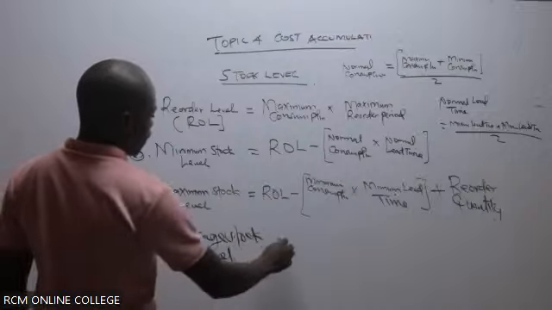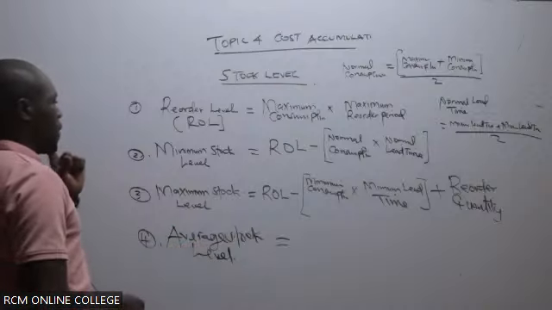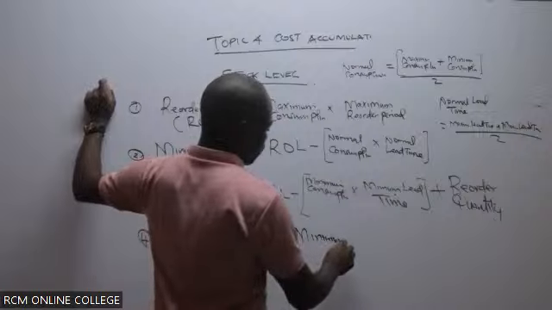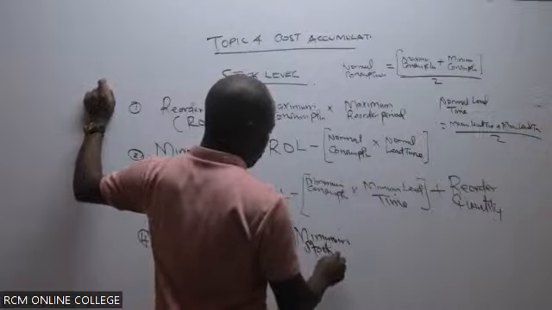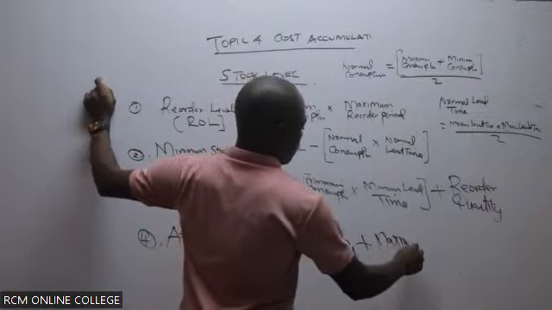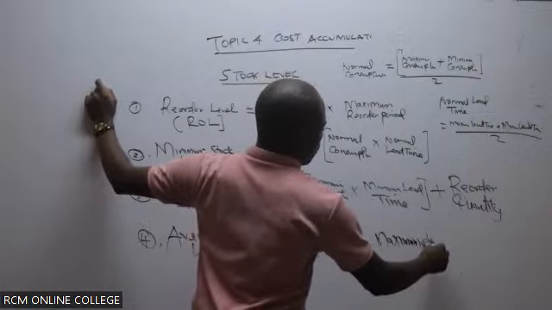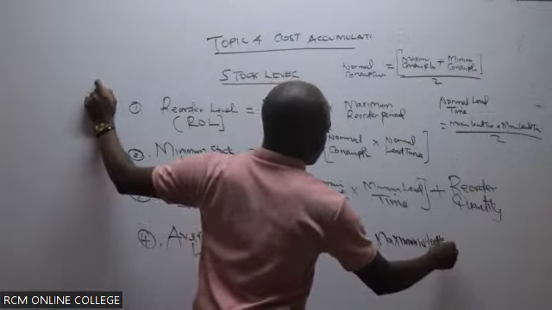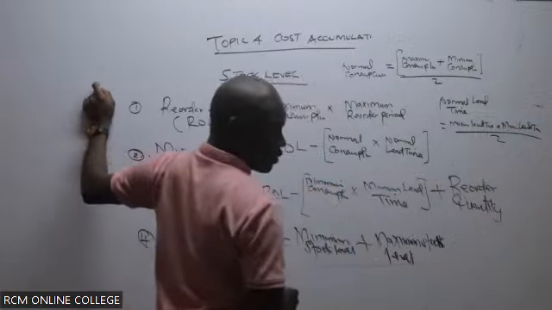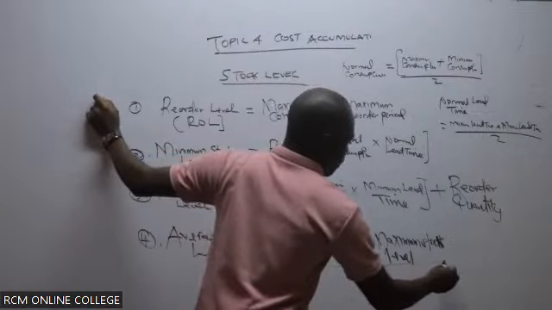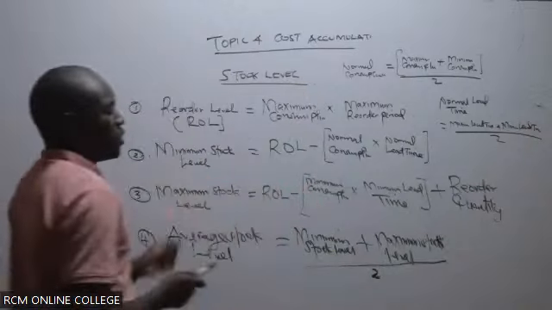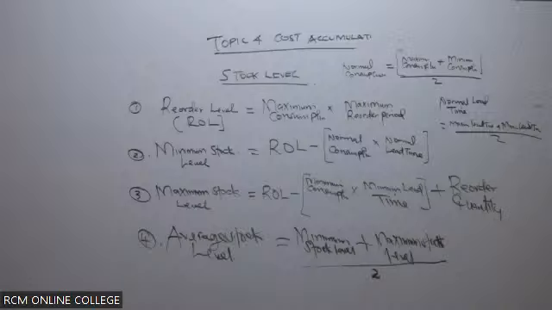This average stock level will be minimum stock level plus maximum stock level, then everything here you divide by 2.